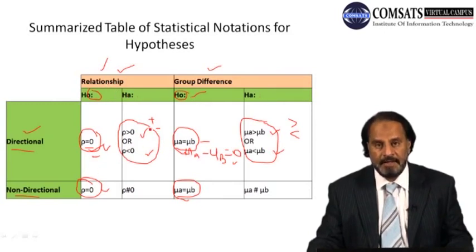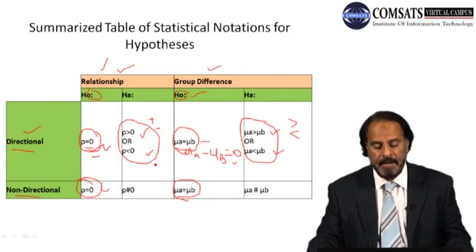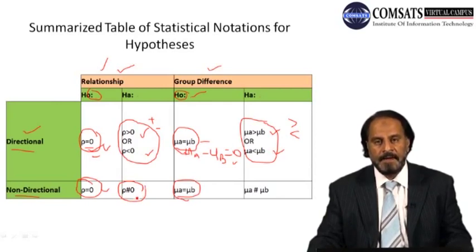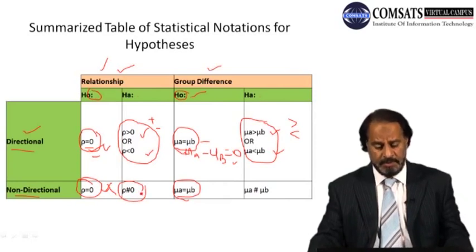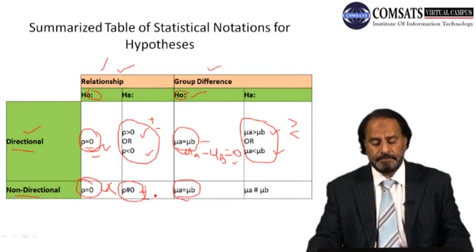The only thing you need to keep in mind is that in the non-directional relationship, we are saying that rho is not equal to 0, meaning it could be positive or it could be negative.